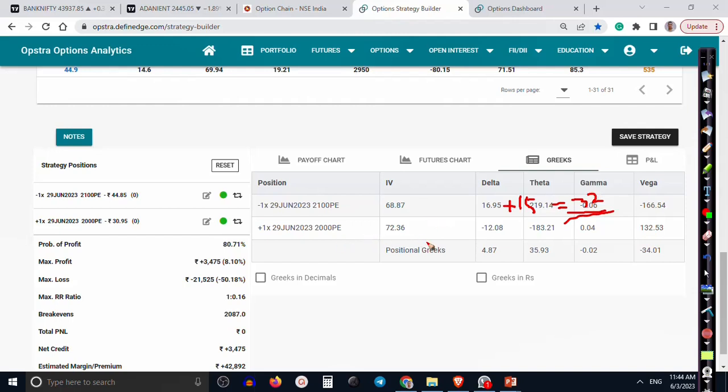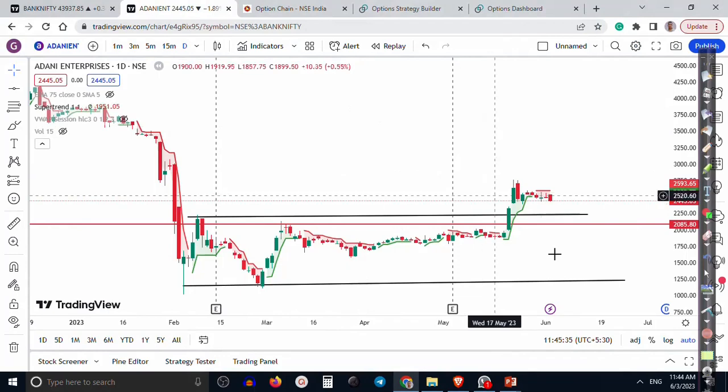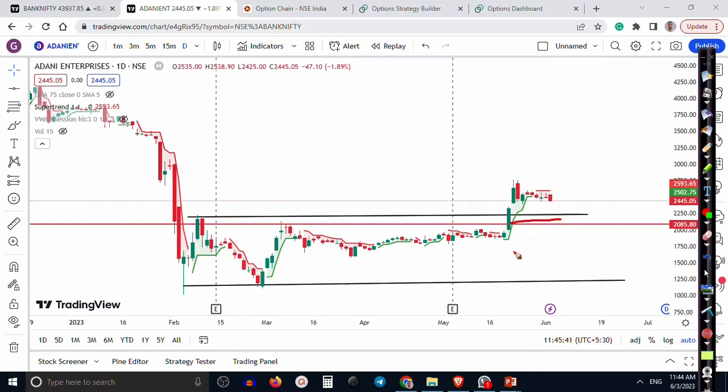in that case, what will we do? We will close this position. Let's say we placed here some strike price, and another strike price was somewhere there. All right, this is a sell put, and that was a buy put, let's say.